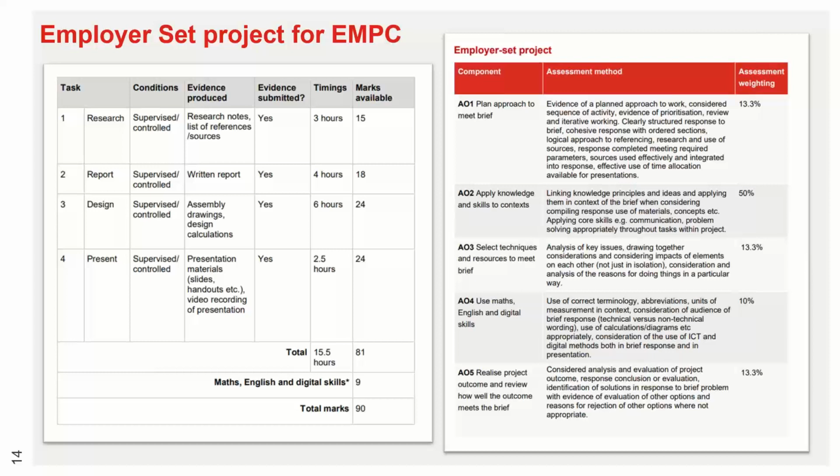You can see straight away that AO2 has the highest weighting, which is 50%. That is an Ofqual requirement because it's Ofqual who have set all the AOs, and they have stated that at least a minimum of 50% of the marks must be weighted on application of knowledge and skills.